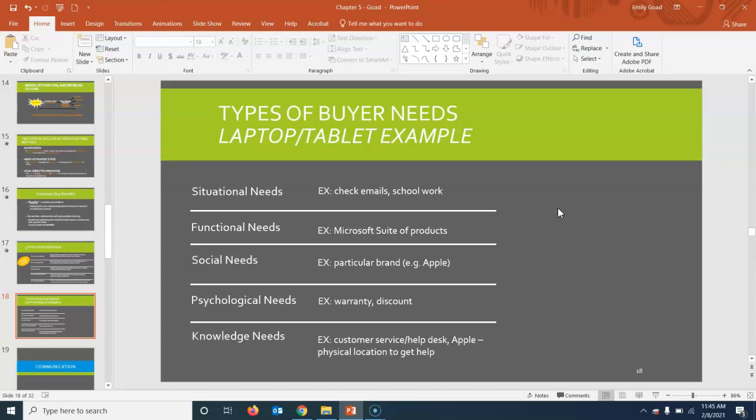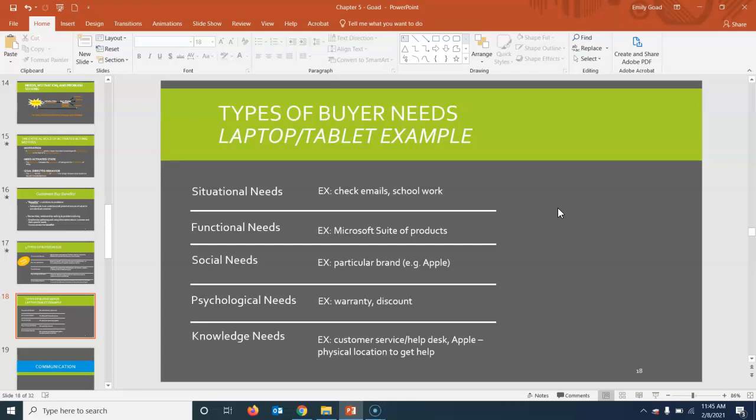A psychological need deals with the need for risk reduction or assurance. So a warranty would help with that. A discount that lowers the financial risk, so the cost. Those would all be that.